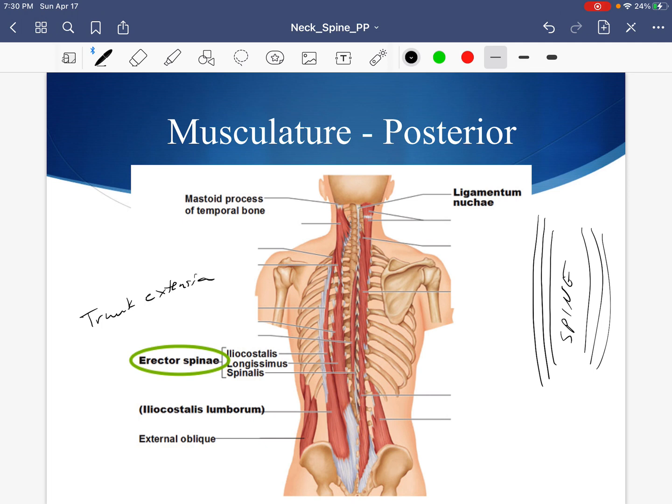Technically, there's three muscles that make up the erector spinae muscle group: spinalis, longissimus, iliocostalis. SLI is how I've always remembered them. You don't need to know the specific muscles, but there they are. But as a group, erector spinae, they're deep, right alongside the vertebral column, trunk extension.